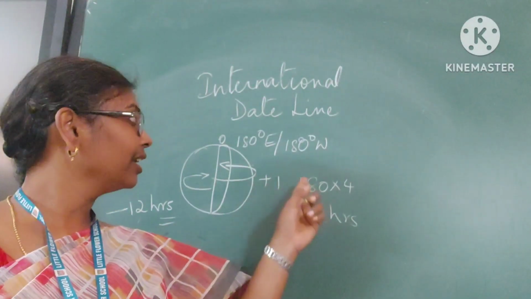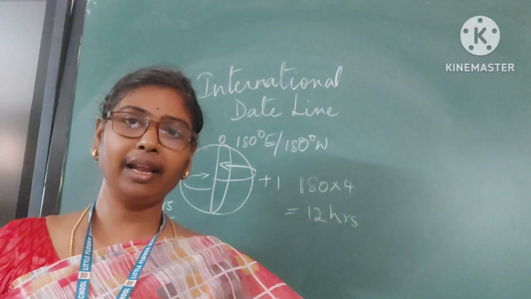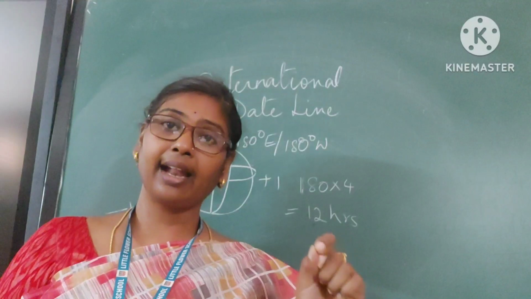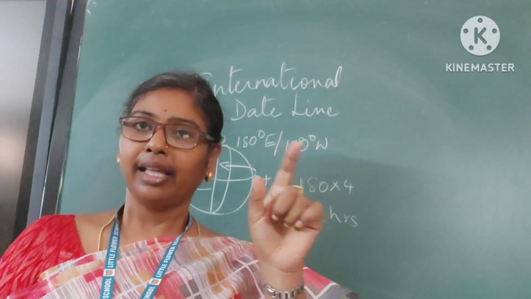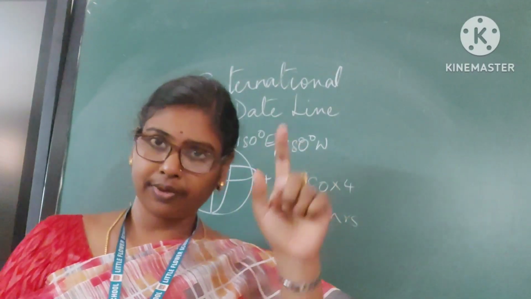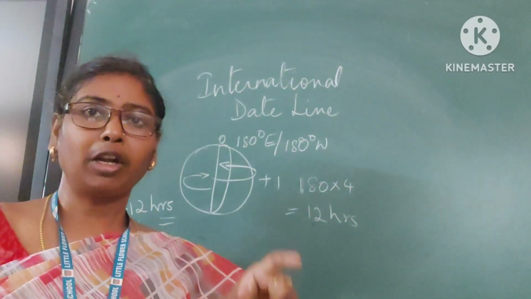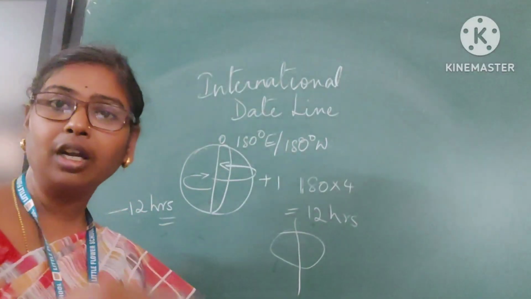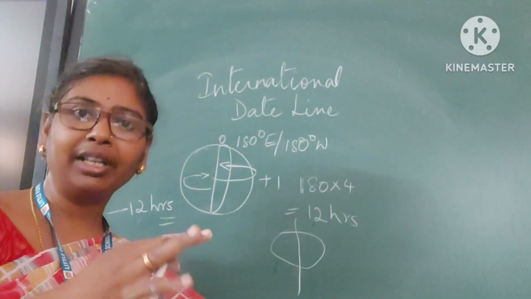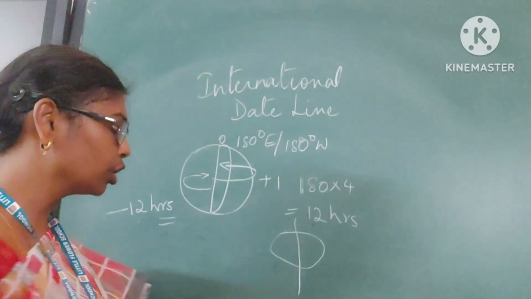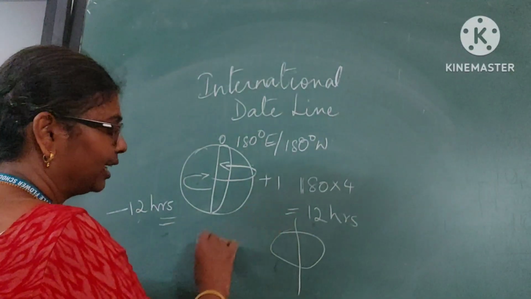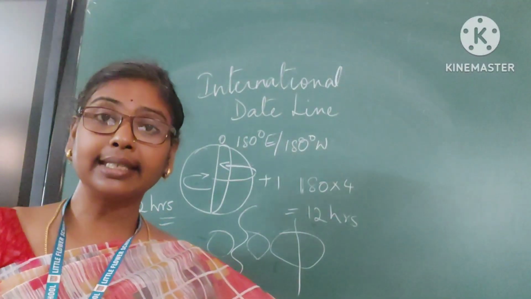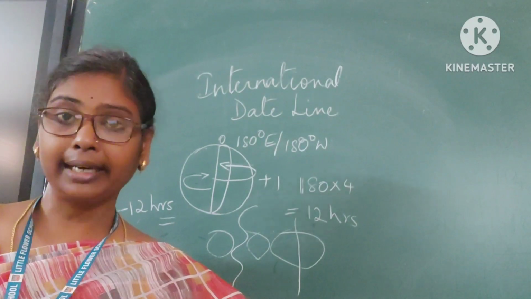This 180 degree east or west meridian passes through the Pacific Ocean, where there is no landmass, because if there were a landmass, the same landmass would have two different dates. That is why the international dateline is a zigzag line.